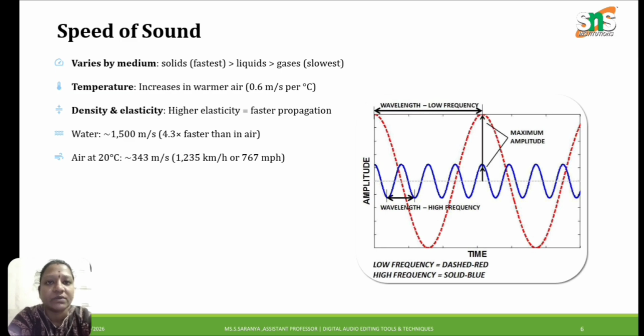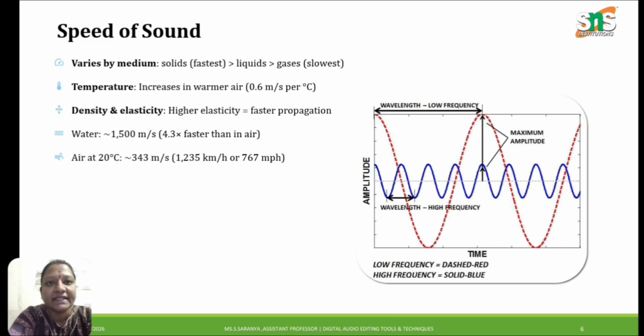The speed of sound varies by the medium. It is fastest in solids, then liquids, then gases. Next is temperature: the speed increases in warmer air.